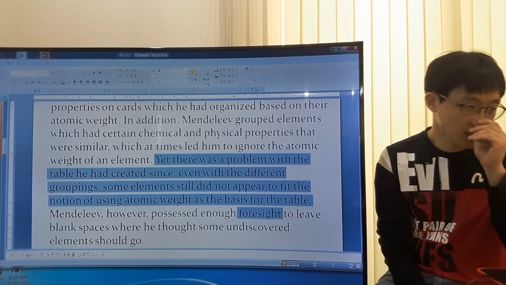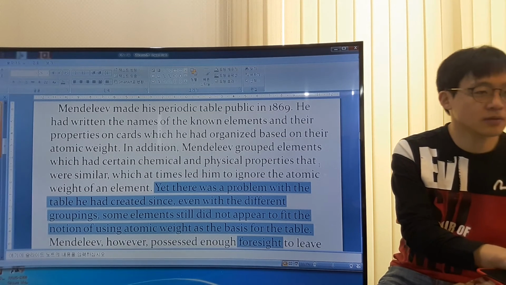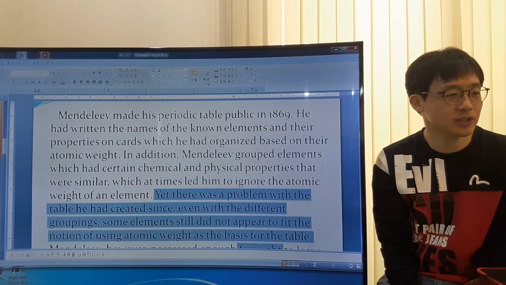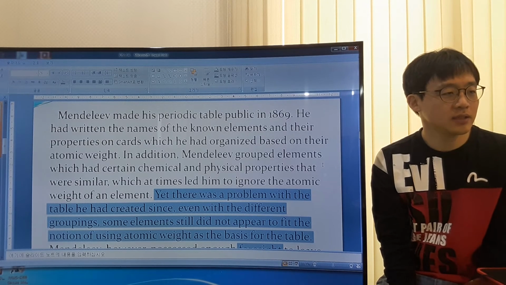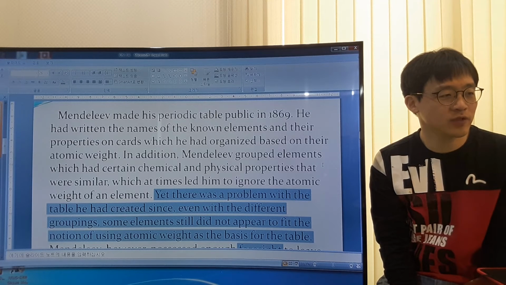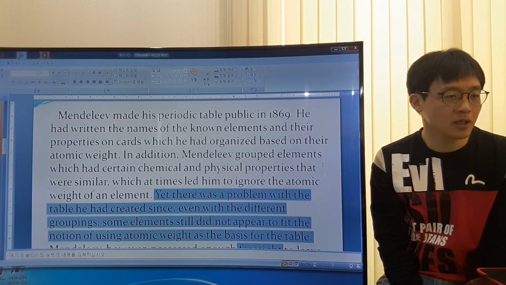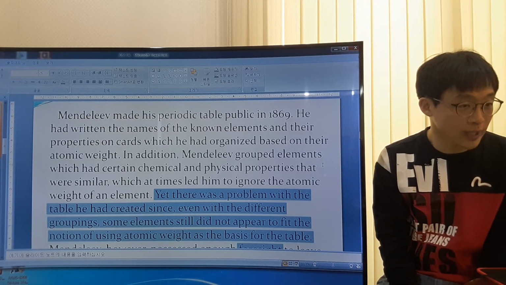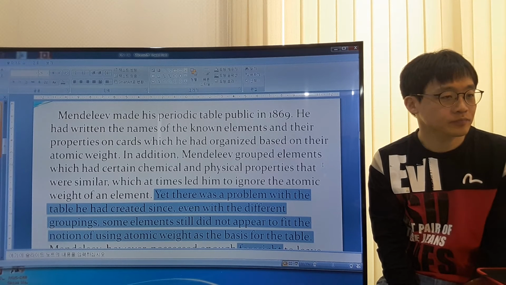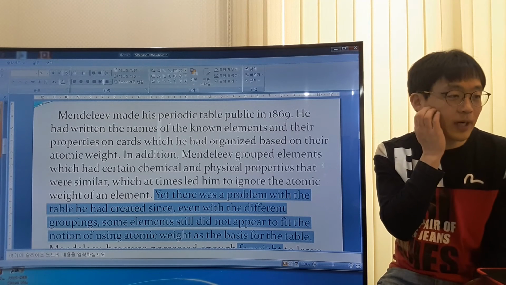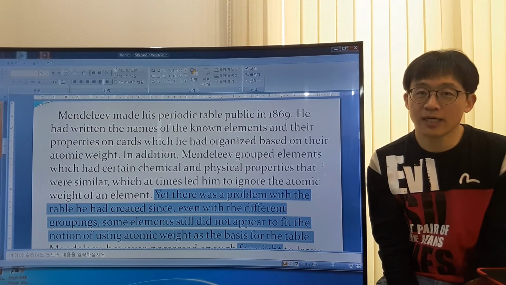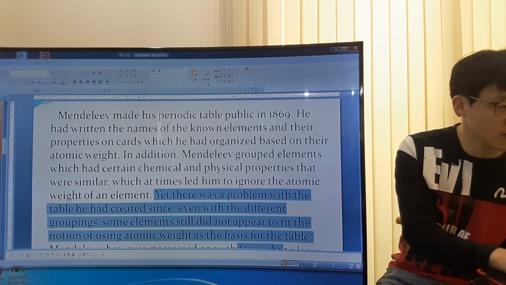Do you understand? So what is this part about? This part is about how Mendeleev organized the elements. That is, he put the names of the elements and the properties of the elements on cards, and he organized them based on atomic weight. And he grouped the elements by their chemical and physical properties. So sometimes he had to ignore the atomic weight of the element.